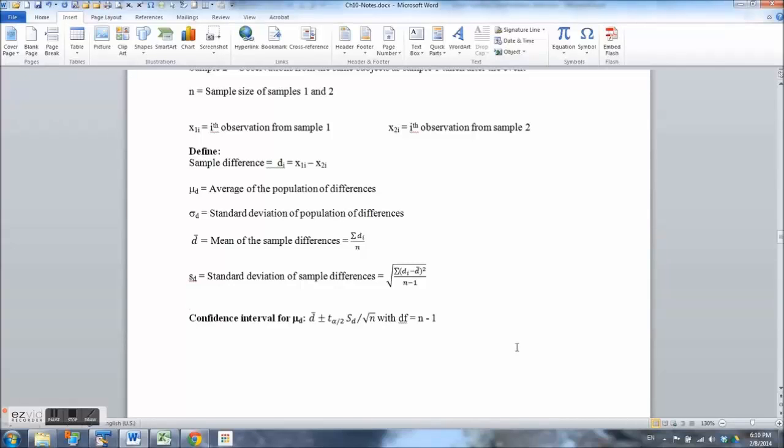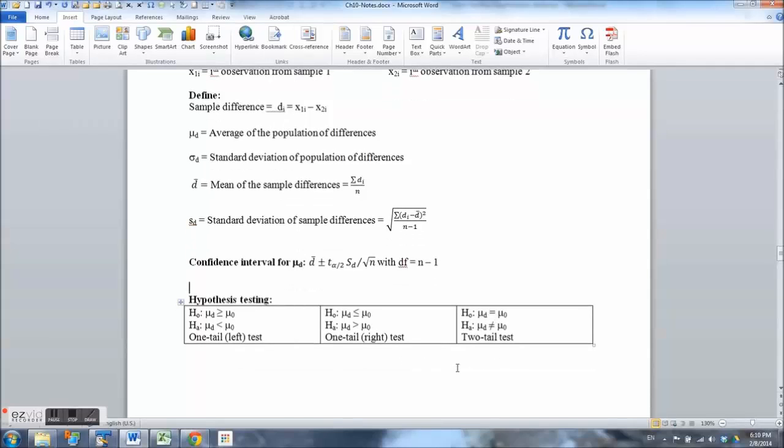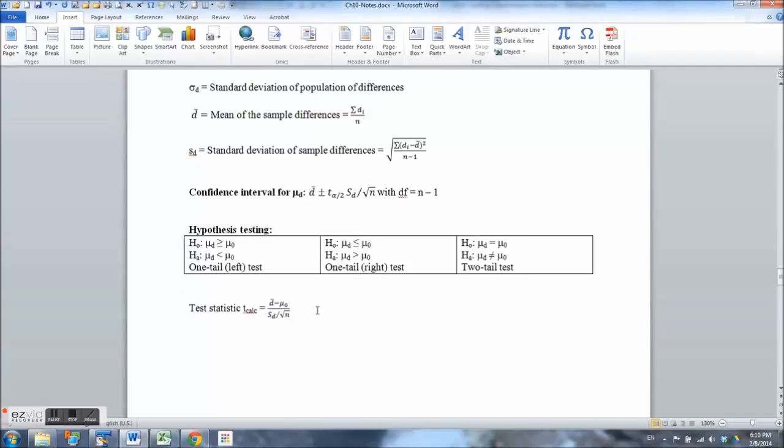So the confidence interval will be, instead of x bar, we have d bar, and then the t-table value times s sub d over square root of n, with degrees of freedom equal to n minus 1. And the hypothesis testing is going to be similar to the single population hypothesis testing, the three types of hypothesis, and the test statistic will be t equals d bar minus mu sub 0 over the standard error of d.